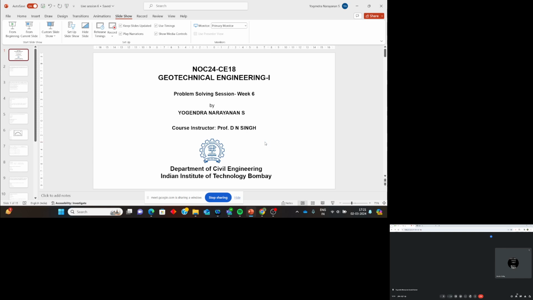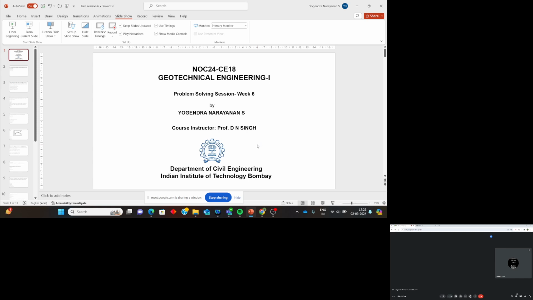Then the analysis of the compaction characteristic curve, the terminologies of maximum dry density and optimum moisture content, the factors affecting the compaction characteristics, and how the compaction characteristics affect some of the soil properties.